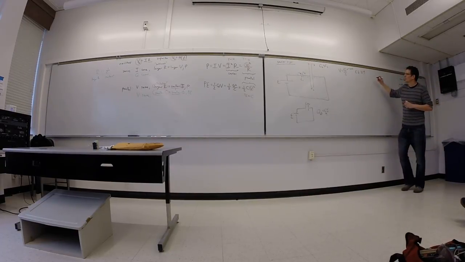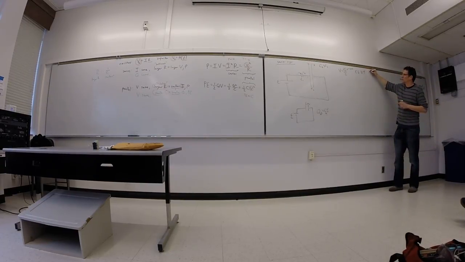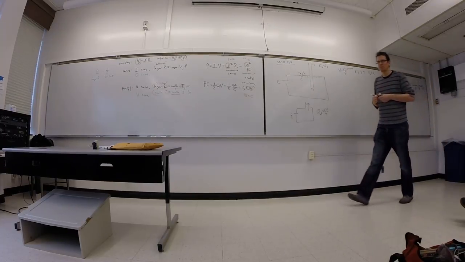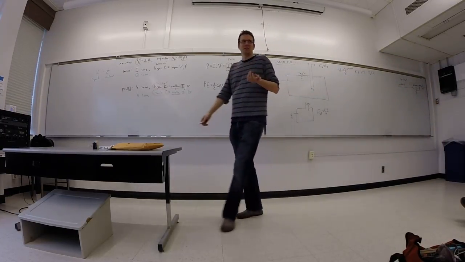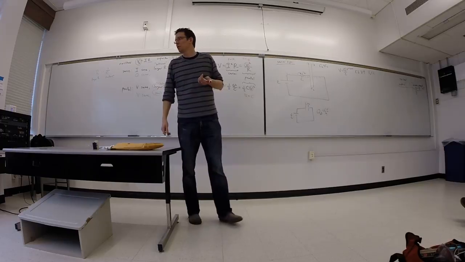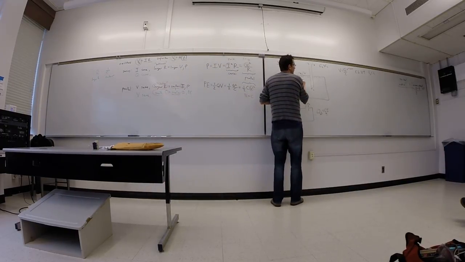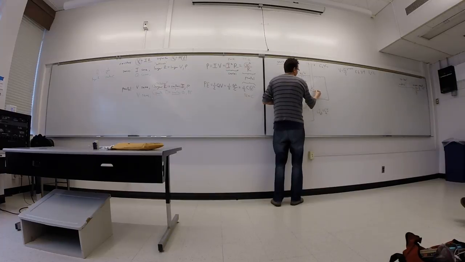So if C2 is bigger than C1, then V2 will be less than V1. So we know in general in a series that you don't have to split the voltage drop up equally, and here we find that there's actually going to be more voltage drop across this one, and it is smaller over here.